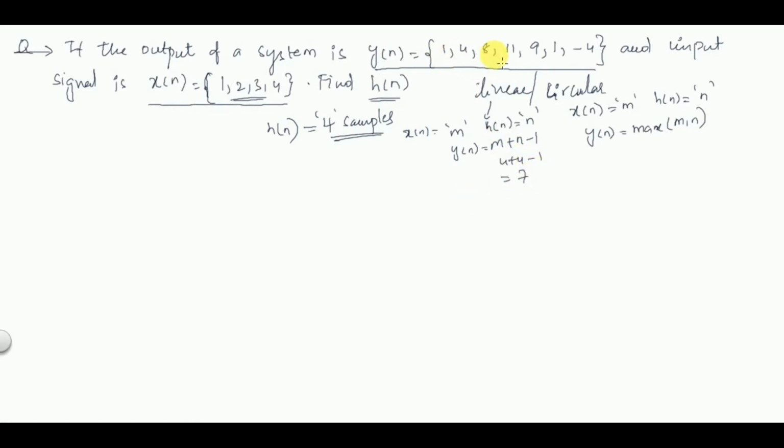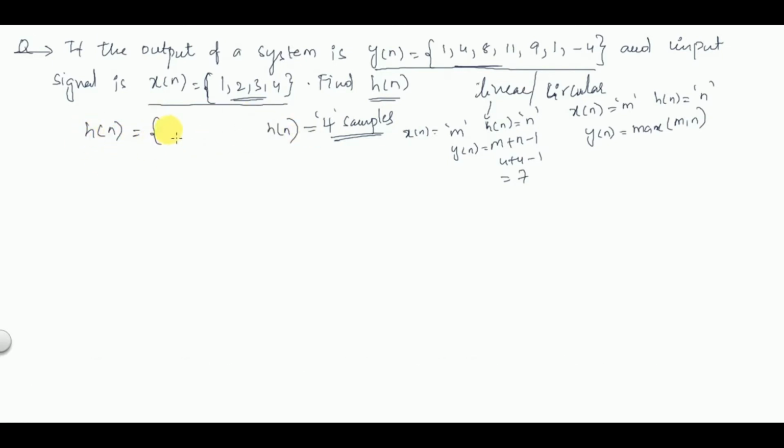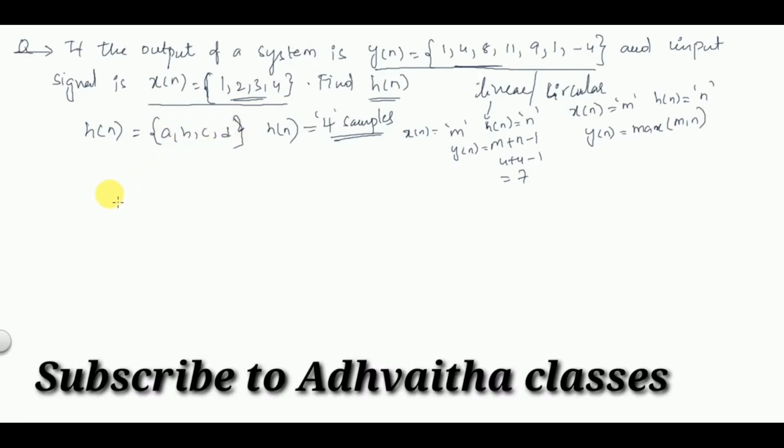If you observe, there are 7 samples in the output. So if you have 4 samples, let us assume that h of n is equal to a, b, c and d.